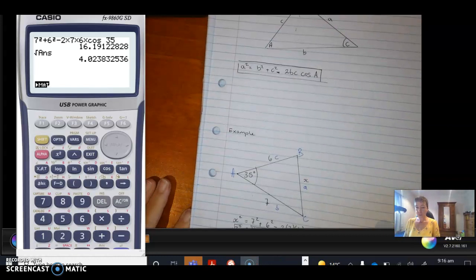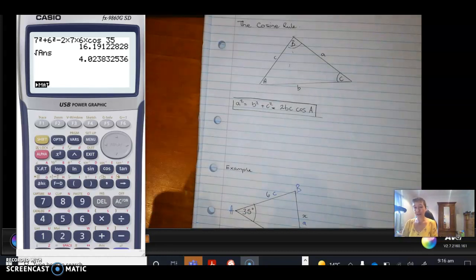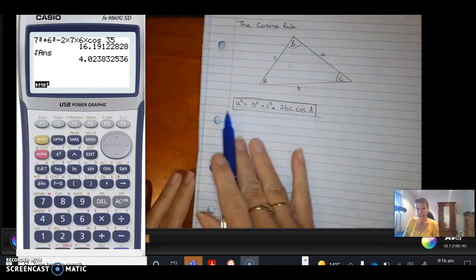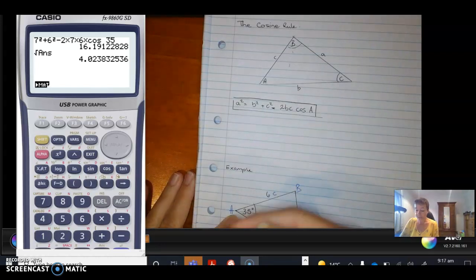I just want to also go through different ways of writing this. Obviously my example and the way I've written the formula all happened to fit in there nicely, but you might label your triangle differently.